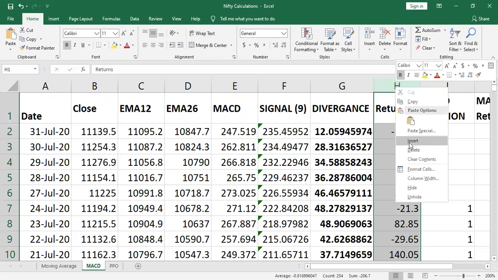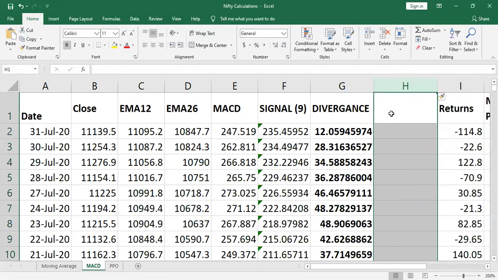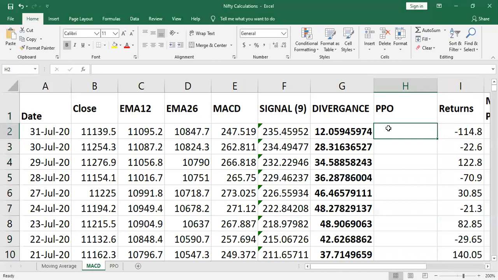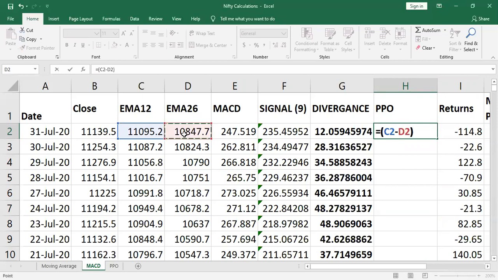Now I will enter beside it so you understand it. PPO equals the fast moving average less the slow moving average, divided by the slow moving average.